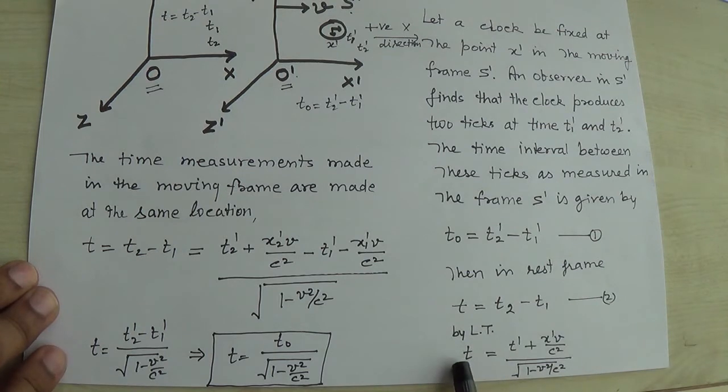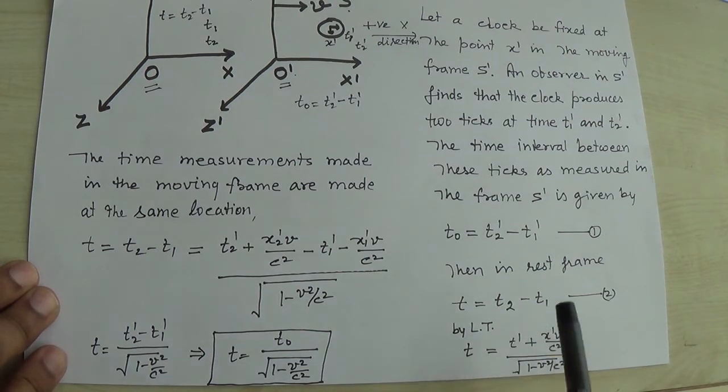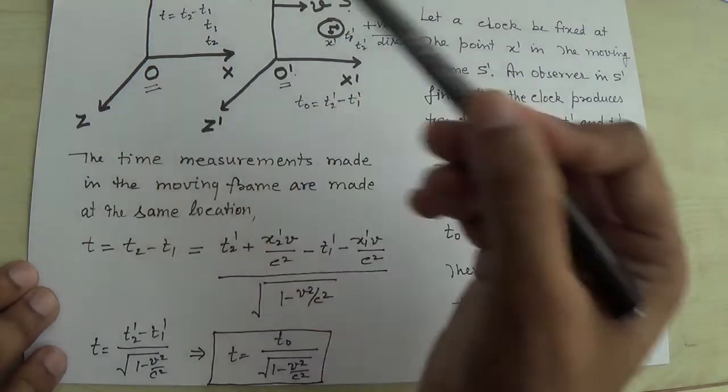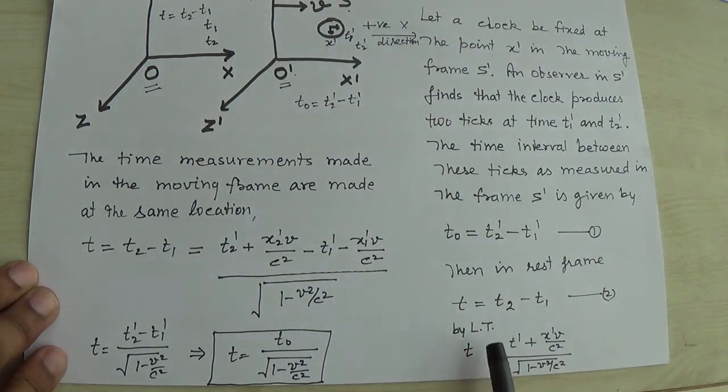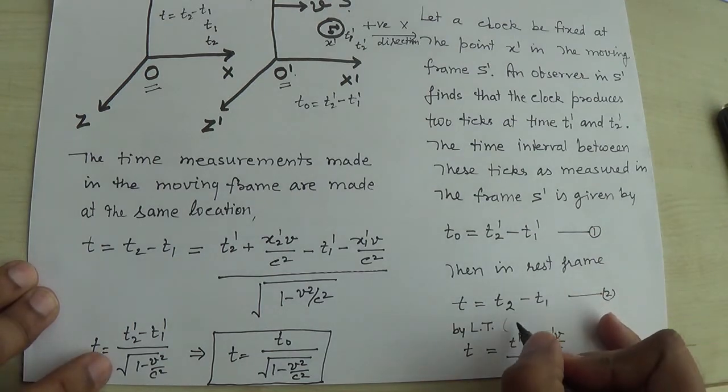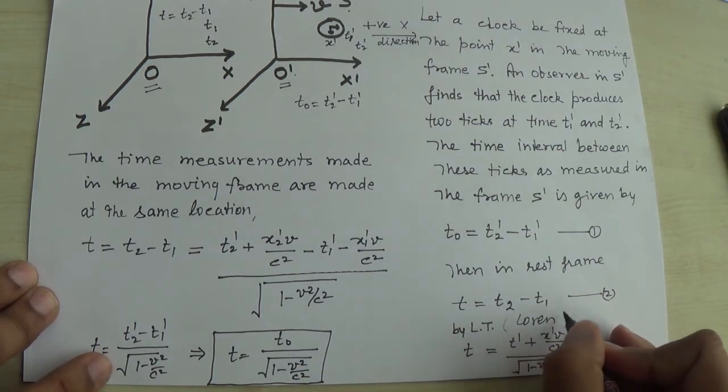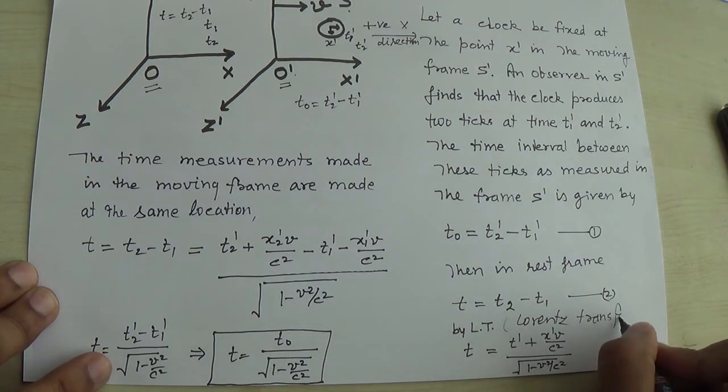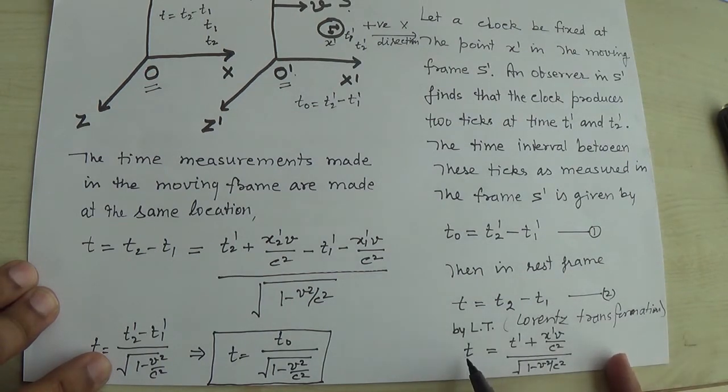So T is the time for observer O. That formula from the Lorentz transformation you can write here. But the formula which I have written here comes from the inverse Lorentz transformation.